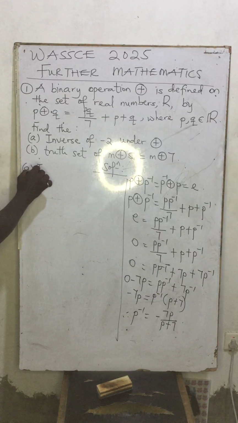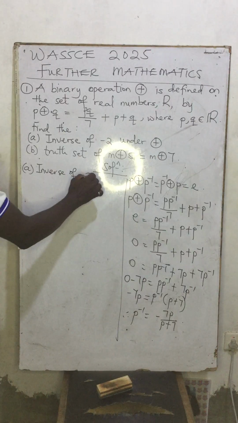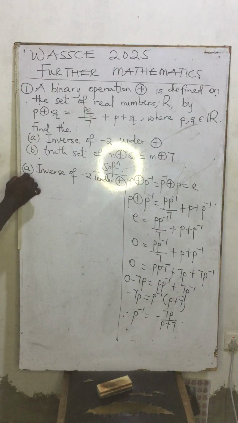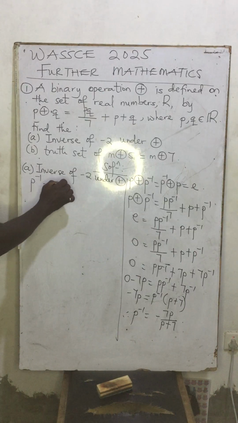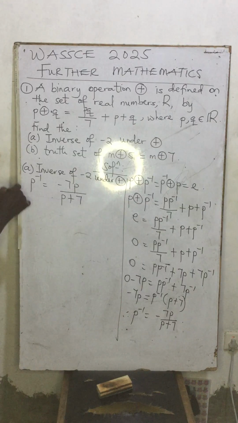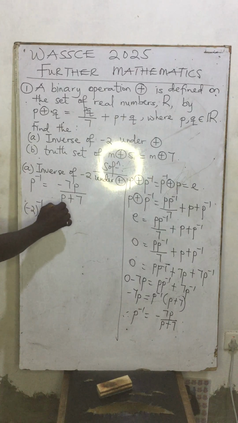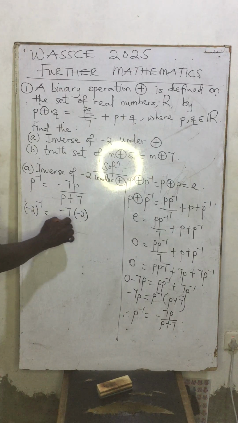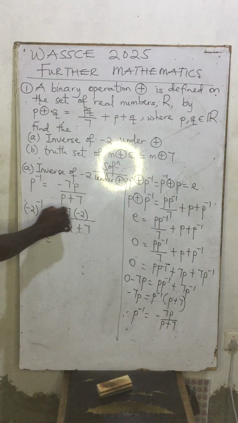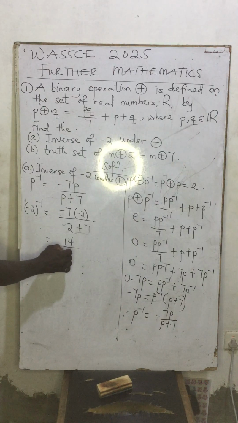It says inverse of -2 under the operation. So we have P inverse is equal to -7P over P plus 7. So here -2 inverse is equal to -7 times -2 all over -2 plus 7. So here we have positive 14 over 5.